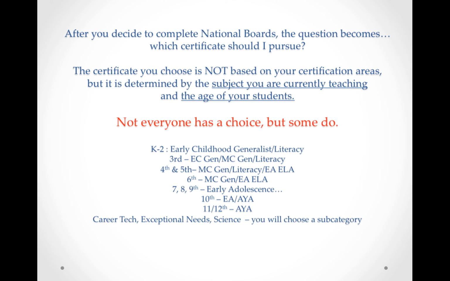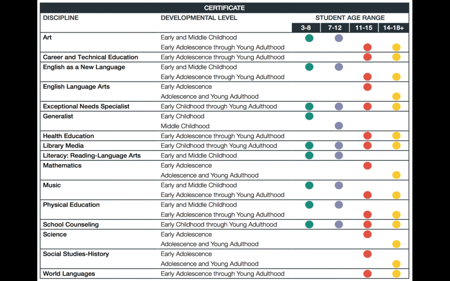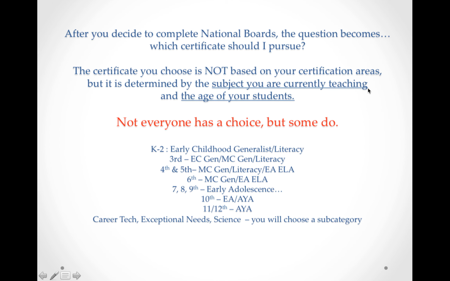So either they teach reading and social studies or they teach math and science, typically. And again, in order for you to do the early adolescence, if you look at that certificate area, you will see that for early adolescence in any of these, your children have to hit age 11 to 15, which 5th graders will. At some point in the year, 50% of your students will be 11.